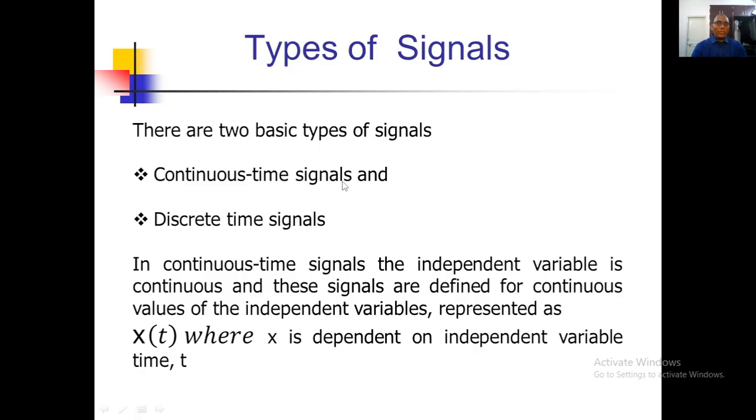See, there are two basic types of signals. The first one is continuous time signals, and the other type is discrete time signals. In continuous time signals, the independent variable is continuous and these signals are defined for continuous values of the independent variable, represented as x of t, where x is dependent on the independent variable time t.